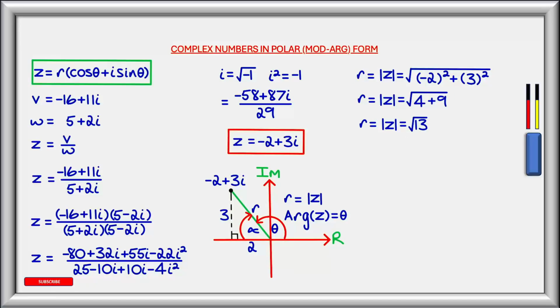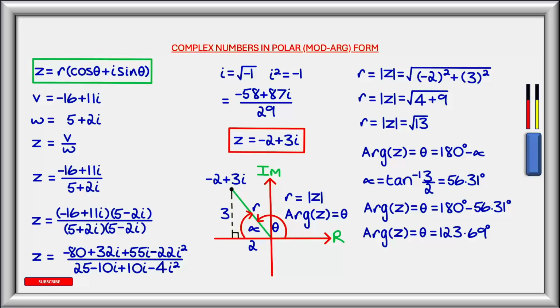To find the argument of z, denoted by the angle theta on the Argand diagram, we can use the same triangle as the one we used to find the modulus and calculate the angle alpha. We can then subtract this from 180 degrees to give the argument theta of complex number z. And so arg z is equal to theta, which is equal to 180 degrees minus alpha.